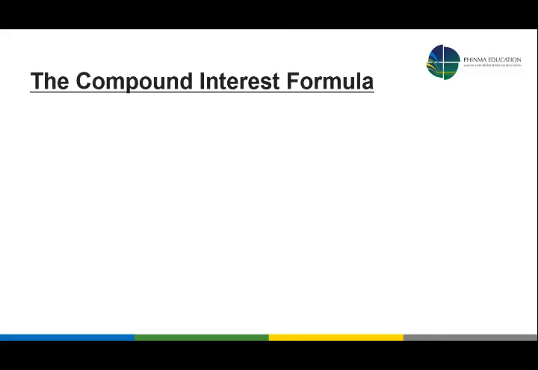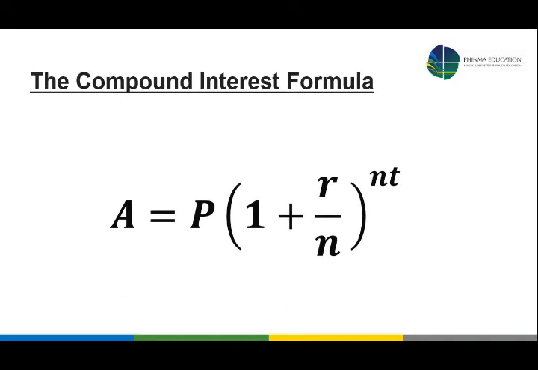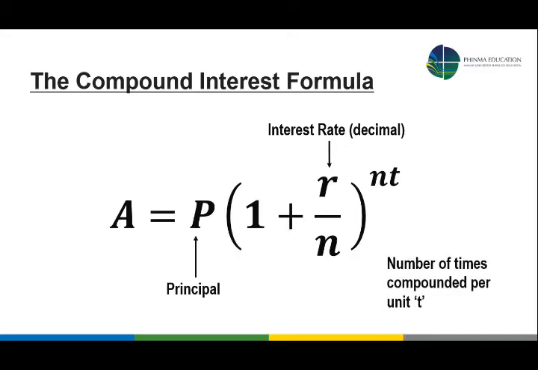The compound interest formula. The mathematical formula for calculating compound interest depends on several factors. These factors include the amount of money deposited, called the principal, the annual interest rate in decimal form, the number of times the money is compounded per year, and the number of years the money is left in the bank.